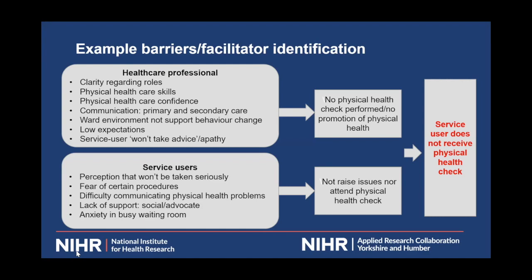Here is a summary of the barriers and facilitators that I identified at a mental health trust as influencing nurses' performance of nationally recommended physical healthcare checks for service users and the barriers and facilitators influencing service users' attendance at these checks. They were actually identified using a literature review and were later coded using the theoretical domains framework. However, to check the fit with the local context, they were then shared with staff and service users.